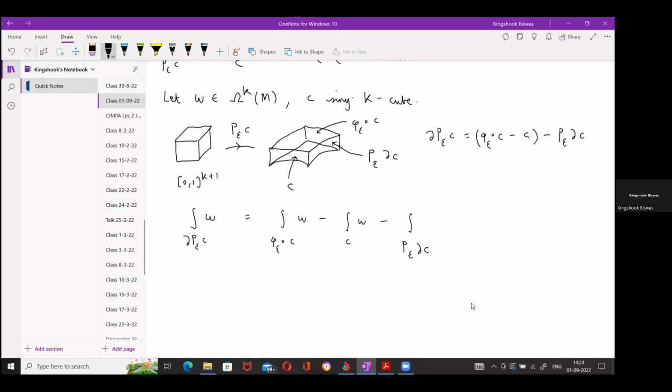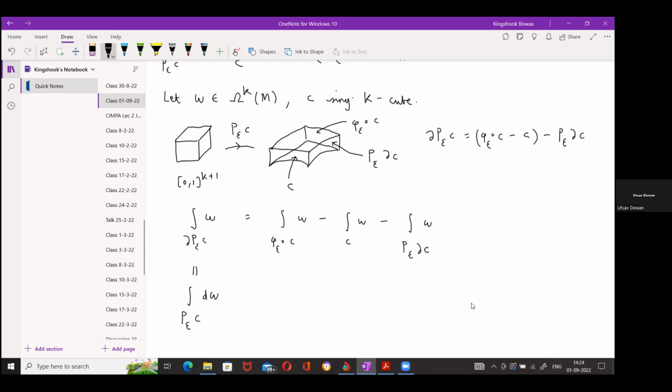Okay. Now for the first term, we can use Stokes' theorem. This is the integral over P epsilon C of d omega by Stokes' theorem, right?